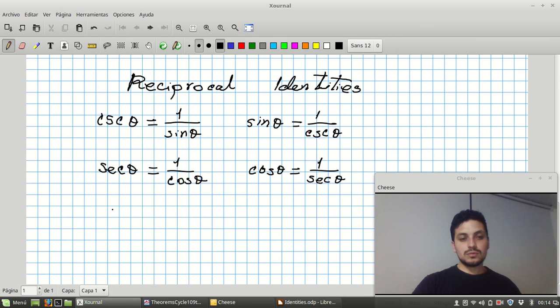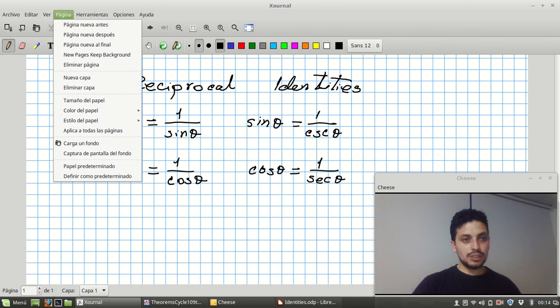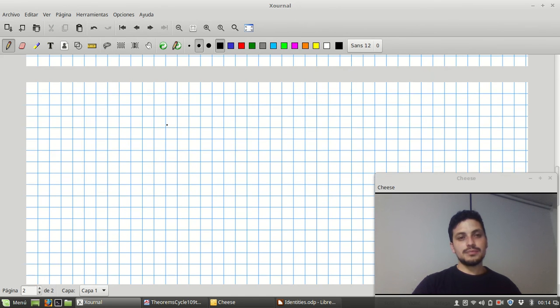So we're going to see a new page. Okay, new page. So let's start with tangent of the angle. Tangent of the angle is equal to A over B, opposite over adjacent.